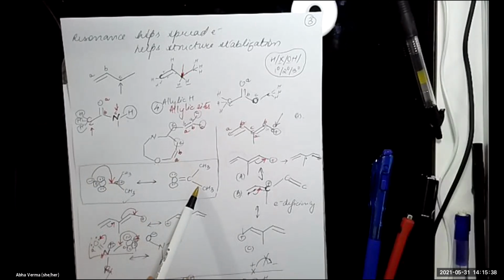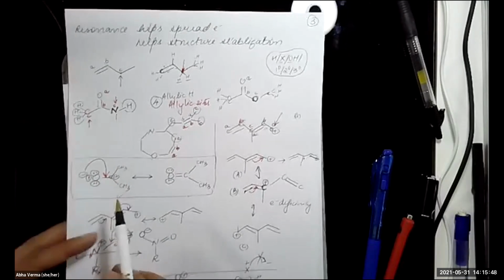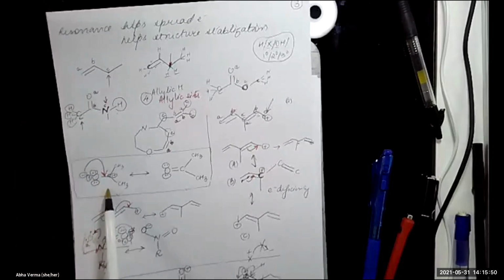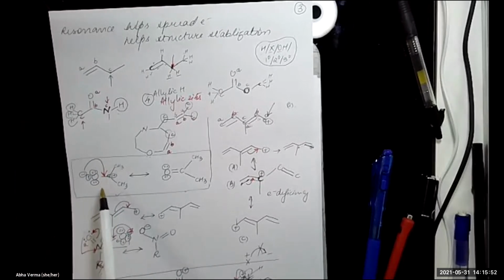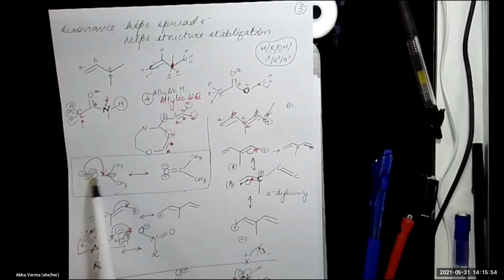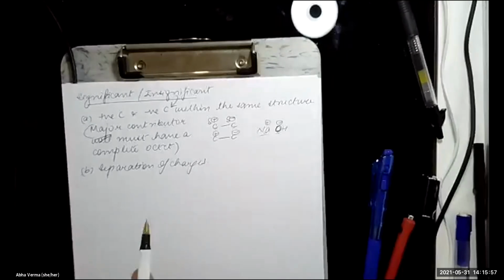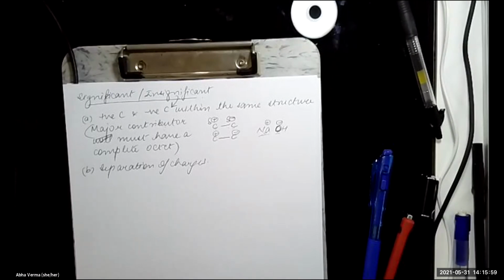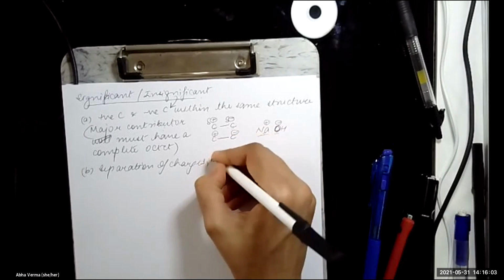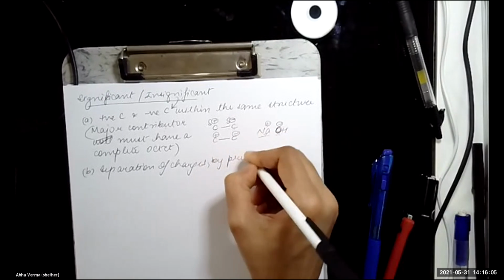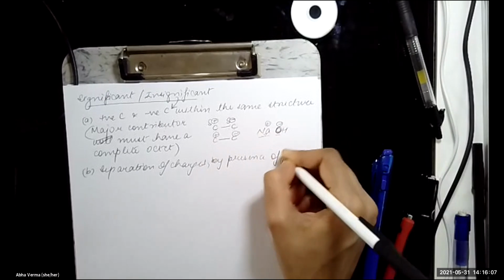Overall, it is neutral. But because there is a separation of charge among these 2, this is the more insignificant structure. So lesser contribution will be made by a structure where you see more separation of charges, by presence of formal charges.